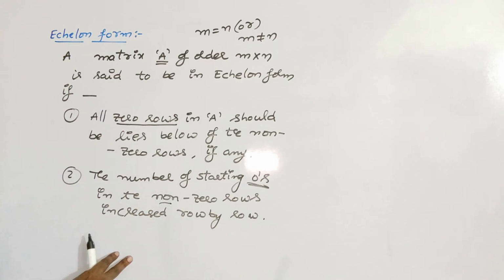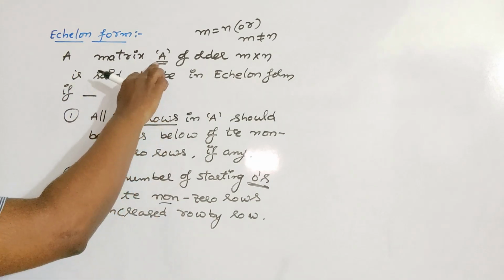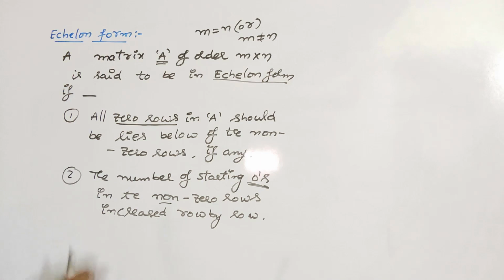That is the second condition. If capital A satisfies both conditions, then A is said to be in echelon form. I will try to explain this definition with suitable examples also.